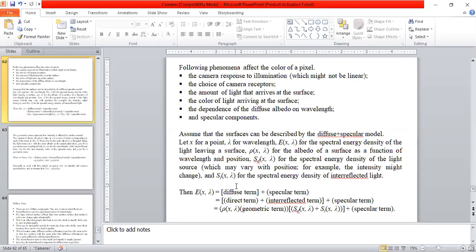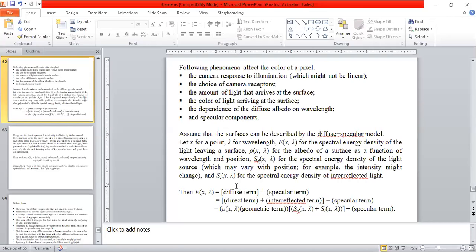What we are trying to do is include all the different factors that contribute towards the color of a pixel. We are trying to model the color. For the interreflected term, instead of it we have SD of x comma y plus SI of x comma y.